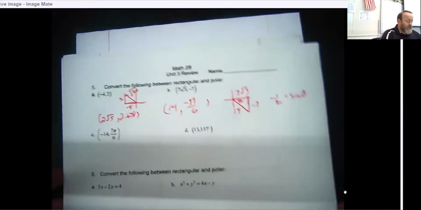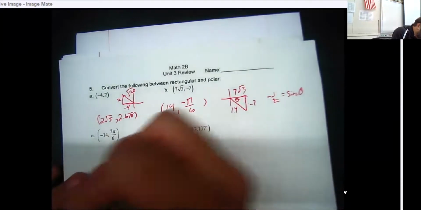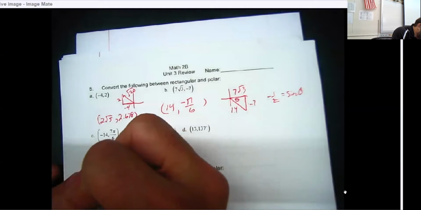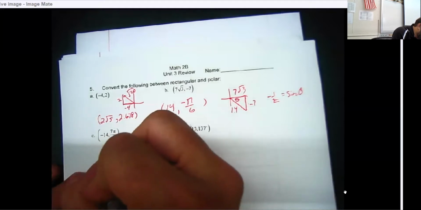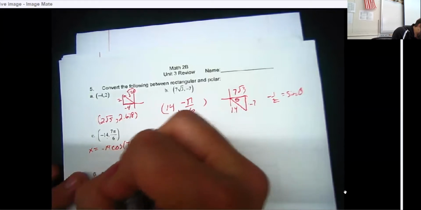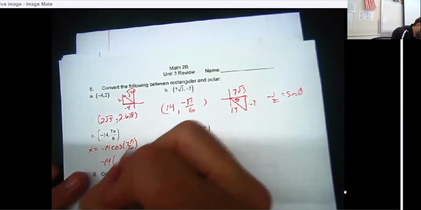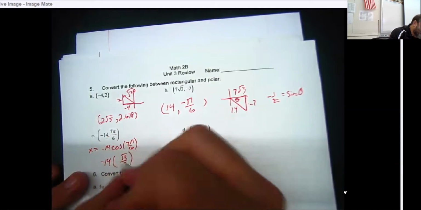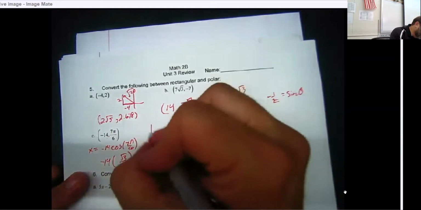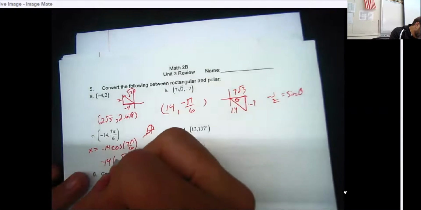Now, when you go the other direction, we have a simple formula. Remember, x is r cosine theta. X is 14 cosine theta. And I know that the cosine of any kind of pi/6 is √3/2, and 7 pi/6 is in the third quadrant where it was negative.